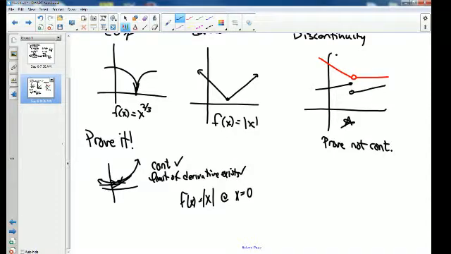The slope of the function at x equals 0 from the right does not equal the slope from the left. That's in words, exactly what you need to do. So this is continuous, we know that, so we can just ignore that. What is the derivative? Piecewise.